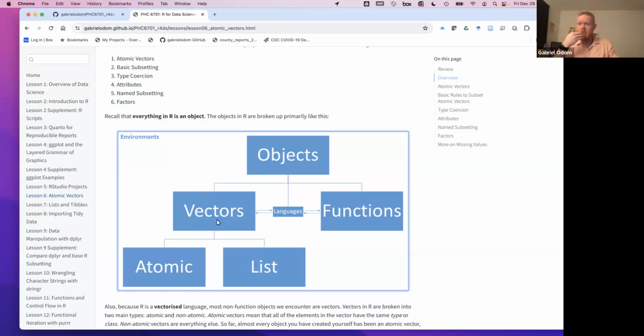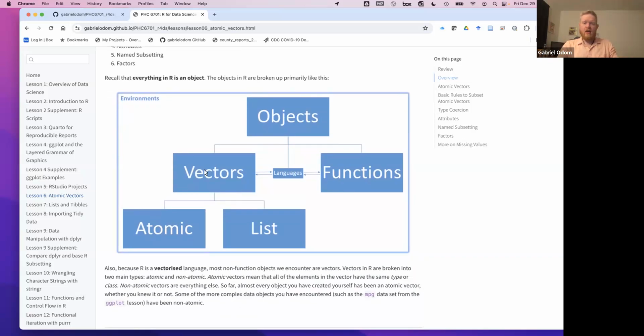So a vector is just an ordered set of elements. Now, inside of the conversation about vectors, there are atomic vectors and there are lists, which are the whole purpose of this lesson number 6 on atomic vectors and lesson number 7 on lists.